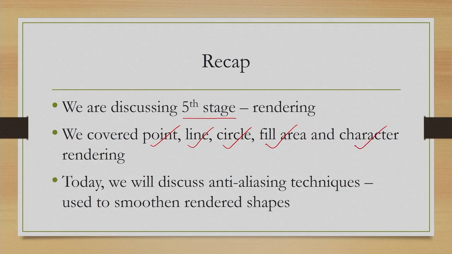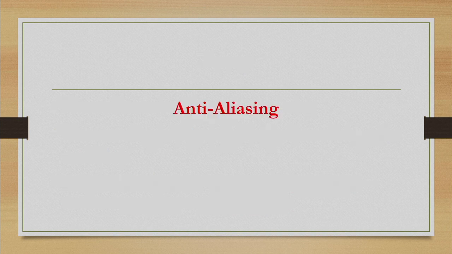Today we will discuss an important concept related to scan conversion, which is called anti-aliasing techniques. This is required to smoothen the scan converted or rendered shapes. Let us try to understand what is anti-aliasing, then we will discuss few anti-aliasing techniques with examples.